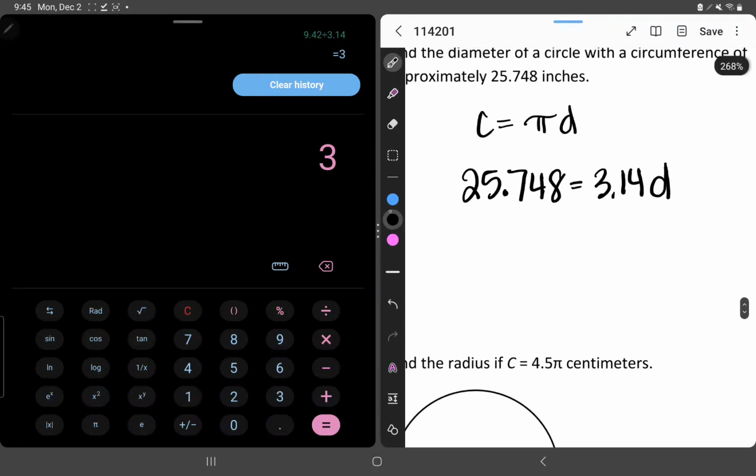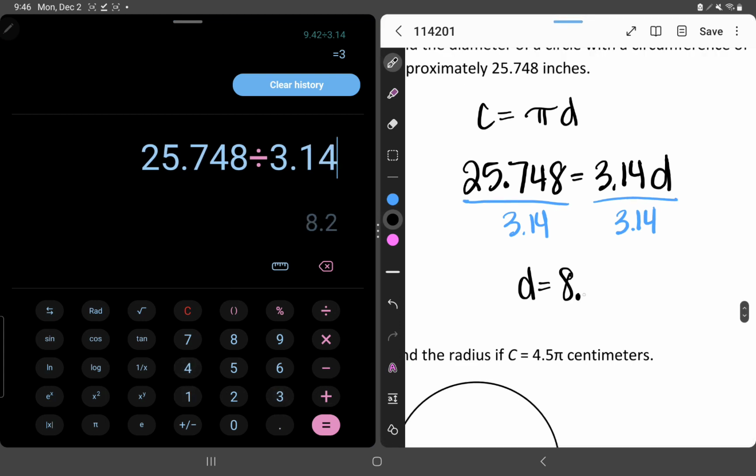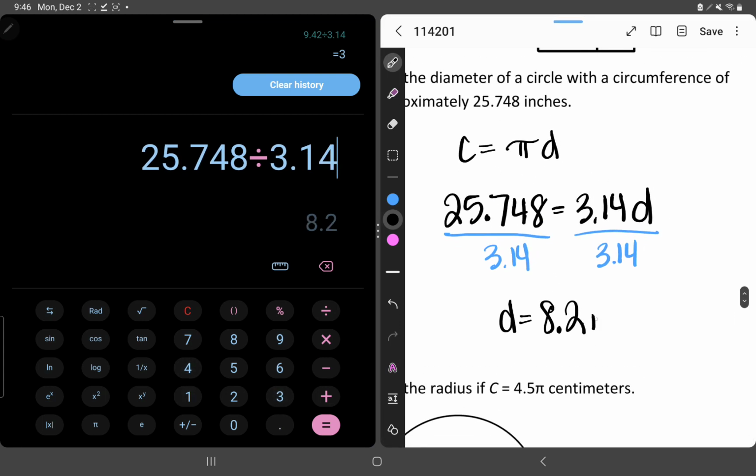What's my next step? My next step is to divide both sides by 3.14. And I will find that my diameter equals 25.748 divided by 3.14, which gives me 8.2. And that's inches.